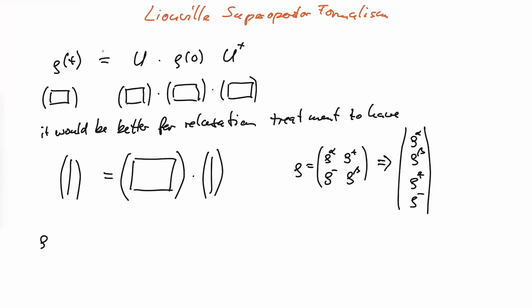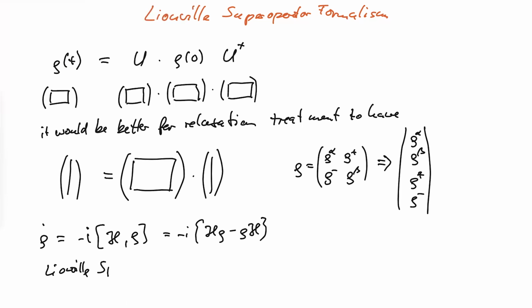We know that rho dot equals minus i, the commutator of H with rho, and that is, as we know, minus i, H times rho minus rho times H. Now to bring everything into a nice equation, to construct this matrix that connects the two vectors, we need to think about something, and essentially the solution is we create the so-called Liouville superoperator, which is defined as H with a double hat equals simply a Hamiltonian in a commutator with an operator that will come instead of the dot.